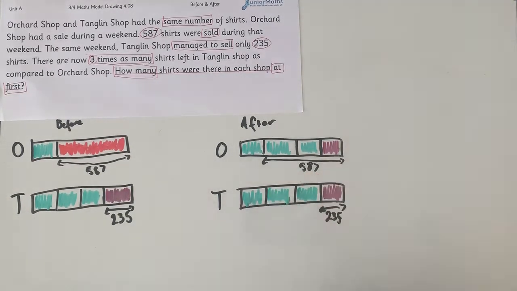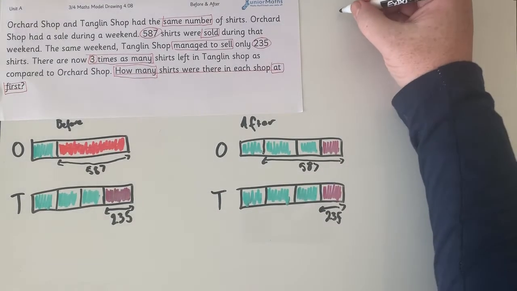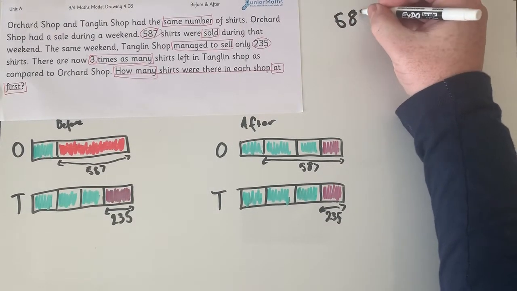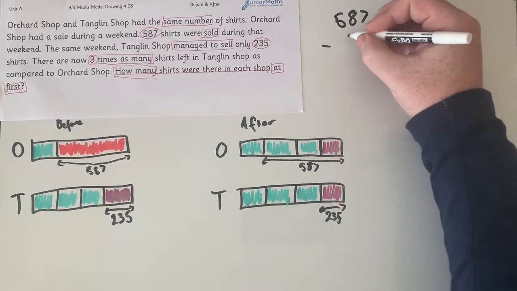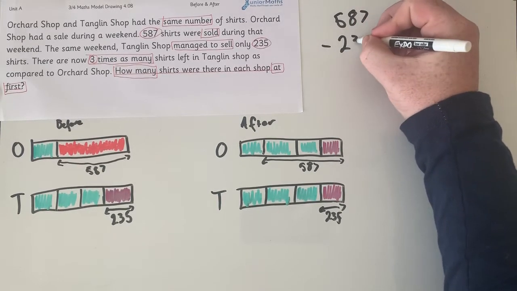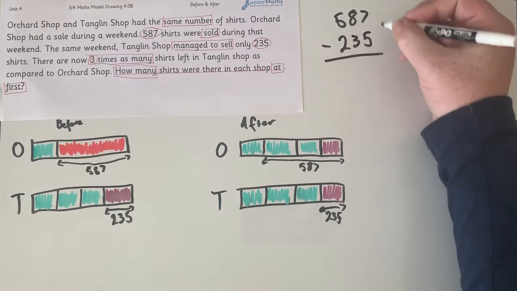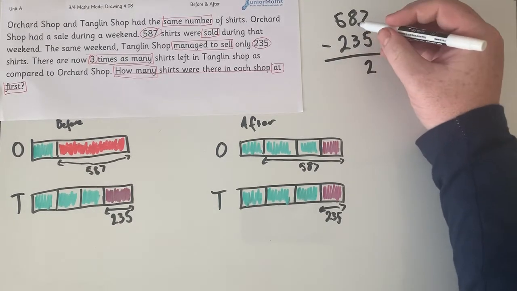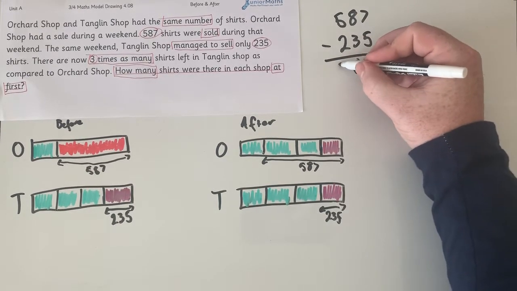So to find out what 2 equal parts equal, we can do 587 take away the 235. 7 take 2, 5, 3.